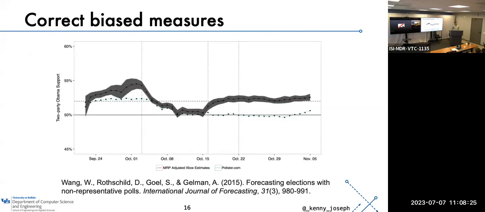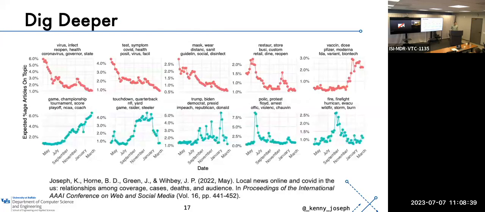They can correct bias in our measures. So this is the Gelman Xbox paper, right? We can use something like multilevel regression with post-stratification to correct biased survey data. Computational methods can help us dig deeper, right? So we can not just ask questions like, do you do X?